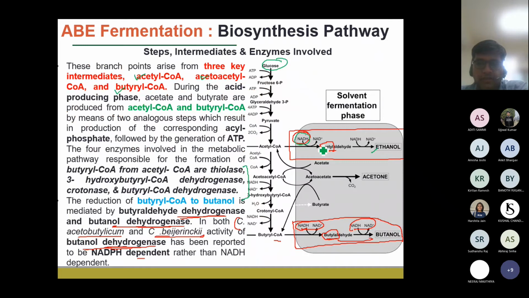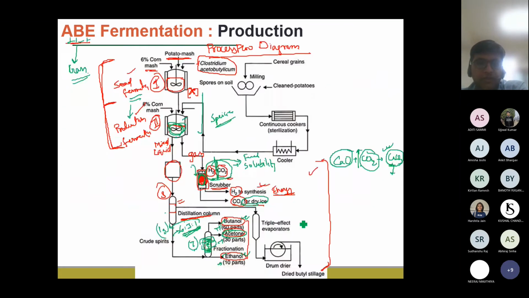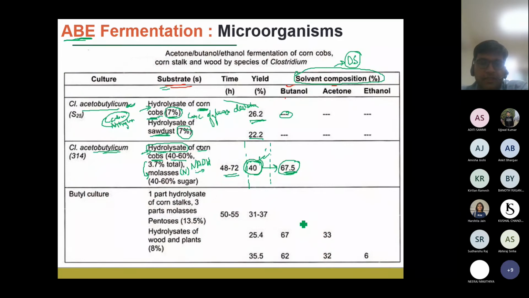For ethanol production, or butanol production, you need a rich source of this NADH. That is why the production of butanol and all the solvents takes place.